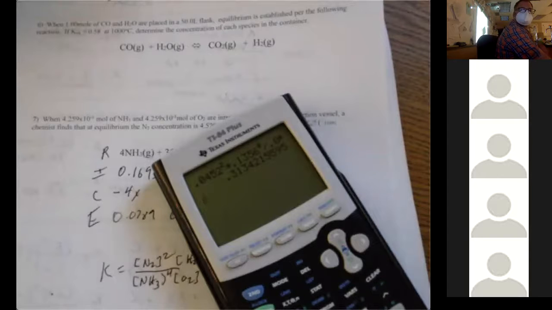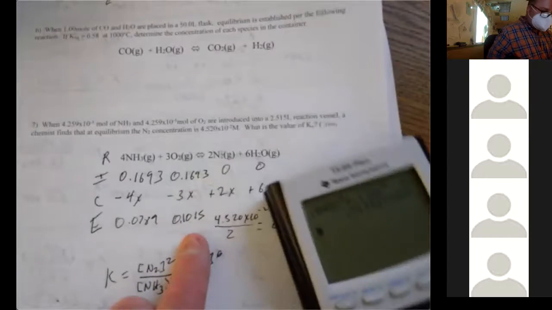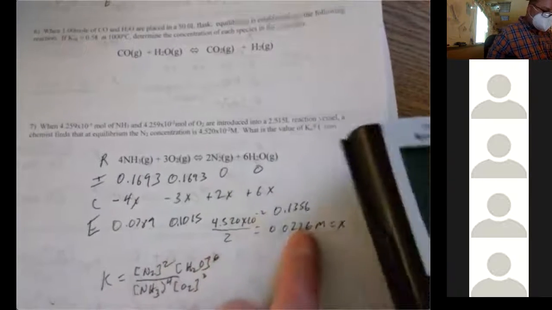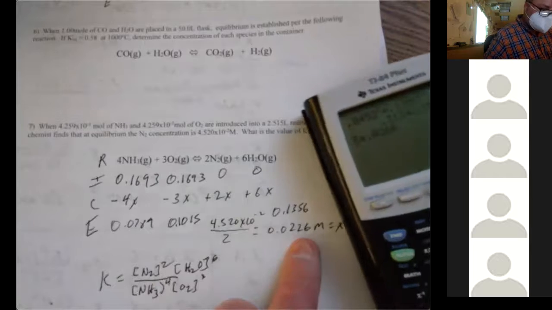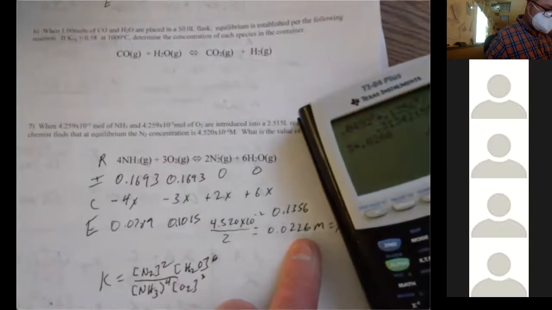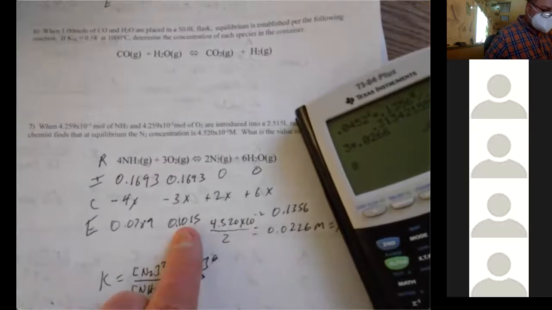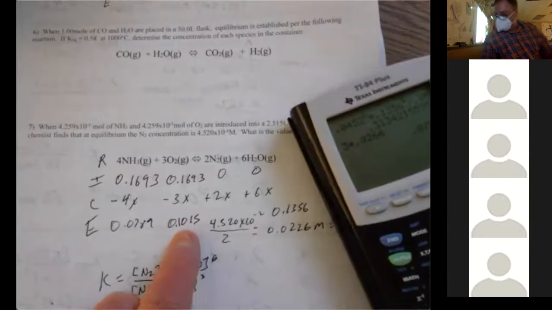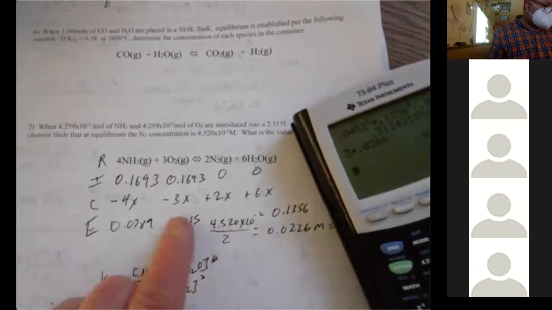Why did you get a different answer? Here, let's check. 3 times, maybe that's why my answer was a little bit off, 0.0266. I switched those, didn't I? That should be 3. Oh, I'm sorry.